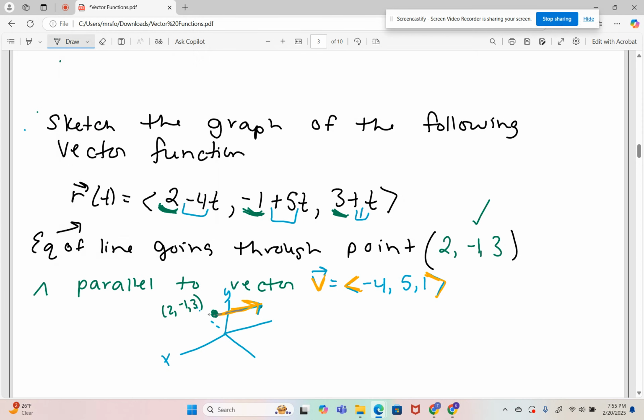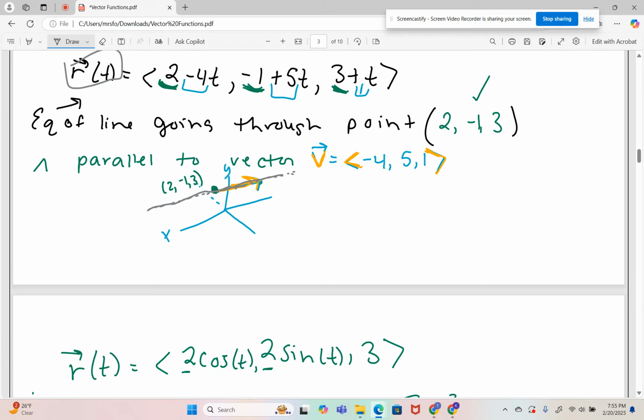And then I know that this vector is on the line that is represented by this equation. So this gray line here is the graph of this r of t. Okay?